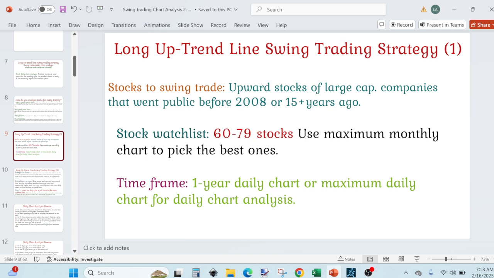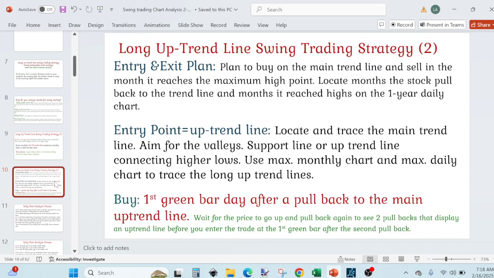And the time frame, 1 year daily chart or maximum daily chart. Although with our long up to long swing trading strategy, we are finding ourselves using the maximum daily chart, because some of our trend lines are so low and the price is so high right now that we cannot see that low up trend line on the 1 year daily chart.